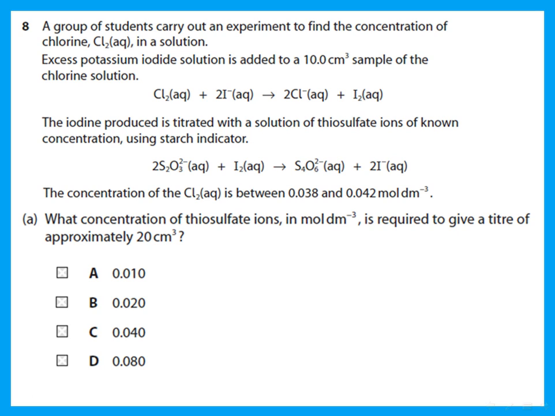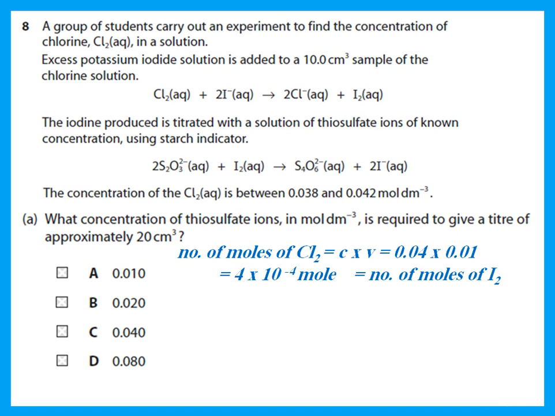And we need a titration of the thiosulfate. We need a titer of 20 centimeter cubed of the thiosulfate. So what would be the concentration of the thiosulfate? Well, let's take a look. Number of moles of the chlorine is concentration times volume. And this is the same as the number of moles of iodine.